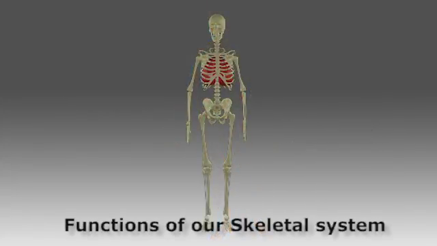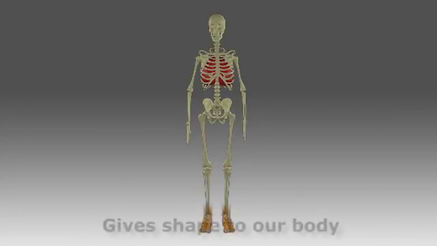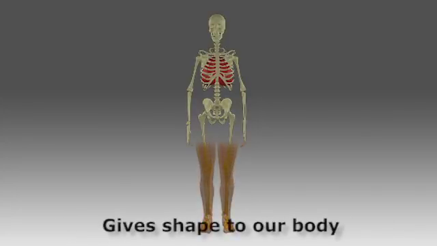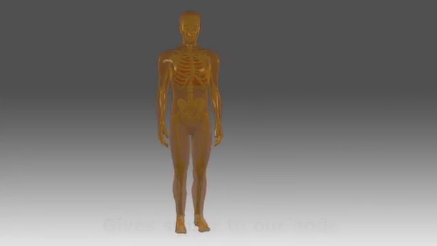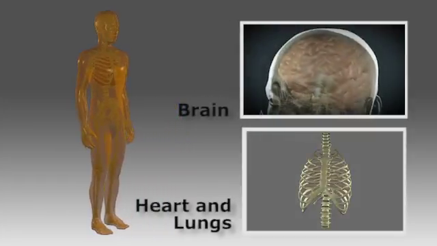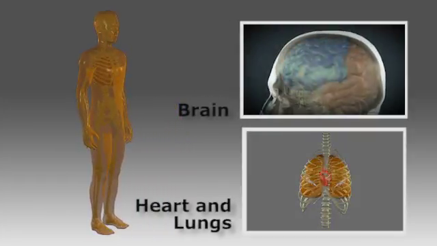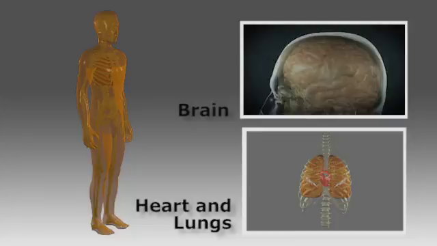Now let's see the functions of our skeletal system. The skeleton acts as the framework that gives shape to our bodies. It protects our internal organs, such as our brain, heart, and lungs, which are very soft and sensitive. They cannot survive without the solid protection of our bones.